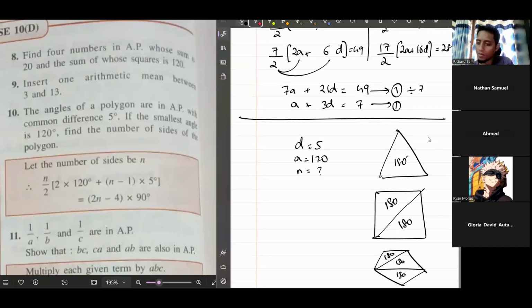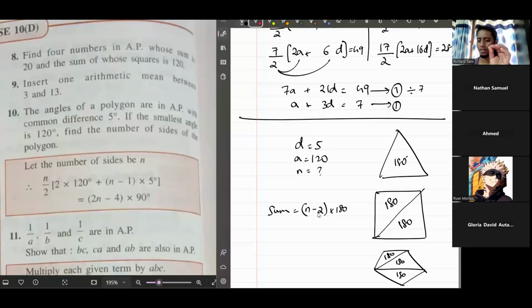How are you deriving the formula? The sum of angles of a polygon will be n minus 2 multiplied by 180, where n is the number of sides. Here, how many sides are there? 3. You do n minus 2, that is 3 minus 2, multiply that with 180. Does this make sense?